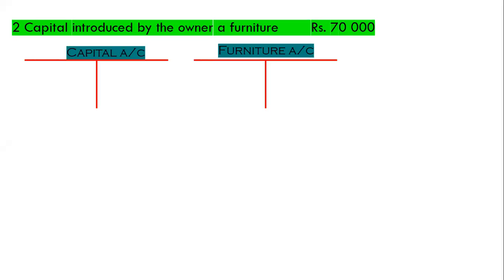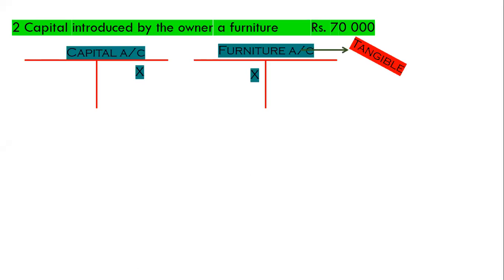Since the furniture is tangible, when the owner introduces the capital, we receive the furniture, so furniture account debit. If furniture account is debit, capital account is credit. You must remember which one we got first.